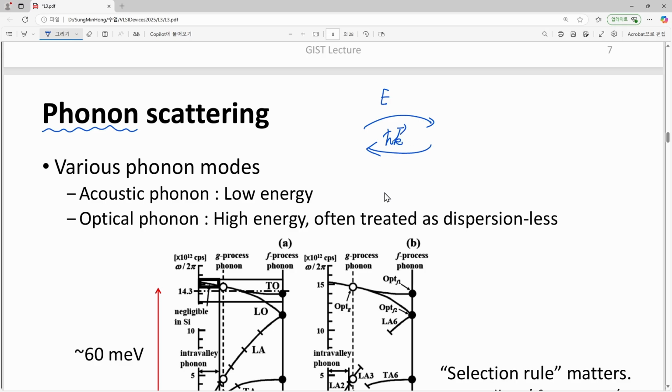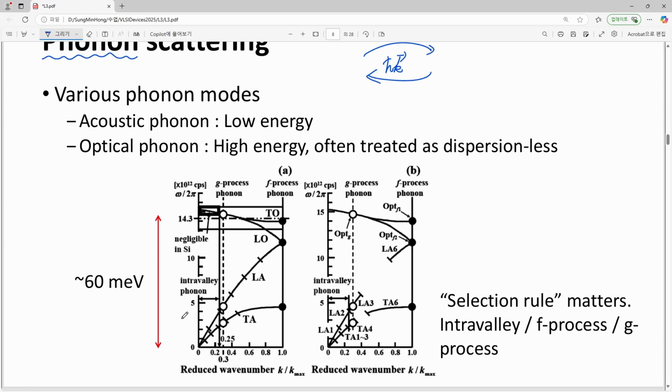By exchanging these quantities, sometimes electrons are decelerated, or sometimes electrons are accelerated.